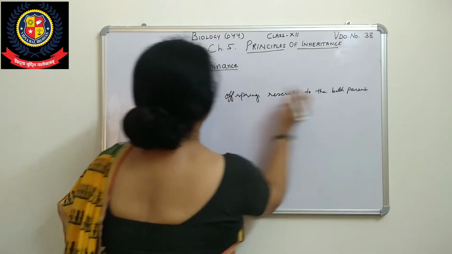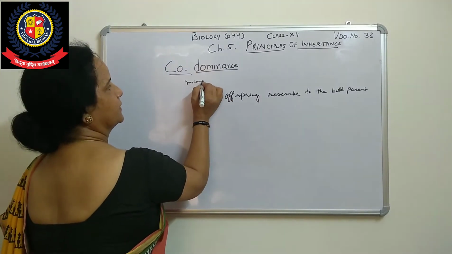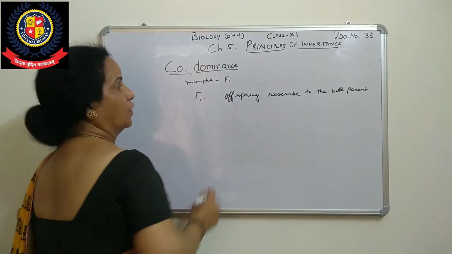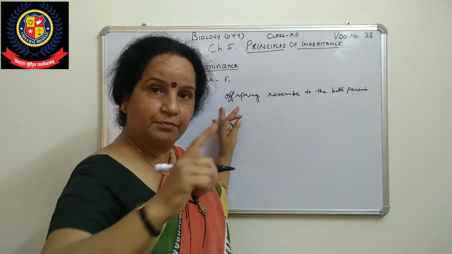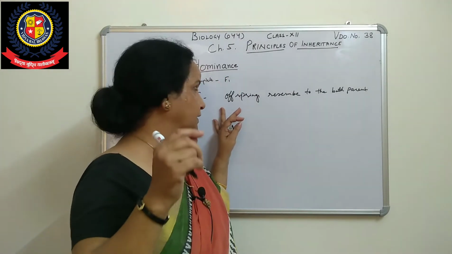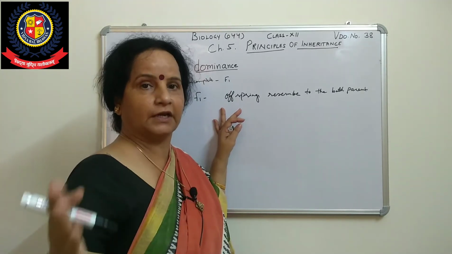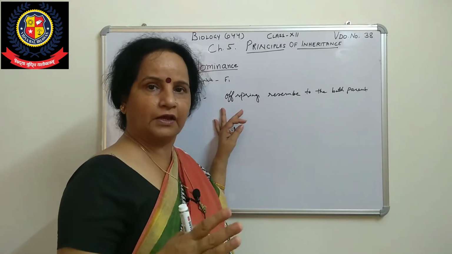And when we see incomplete dominance, what happens there? In the F1 generation, the offspring do not resemble either of the parents, neither recessive nor dominant. We get a different color, neither red nor white, as in the snapdragon cross.